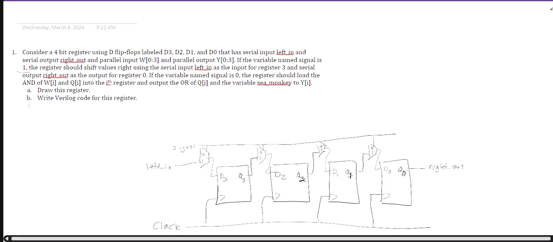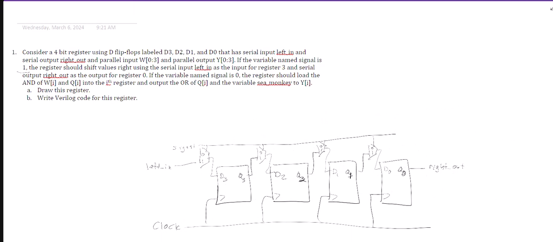Okay, so I have a vectored signal that is W, so I'll have values W0, W1, W3, W2, W1, and W0.